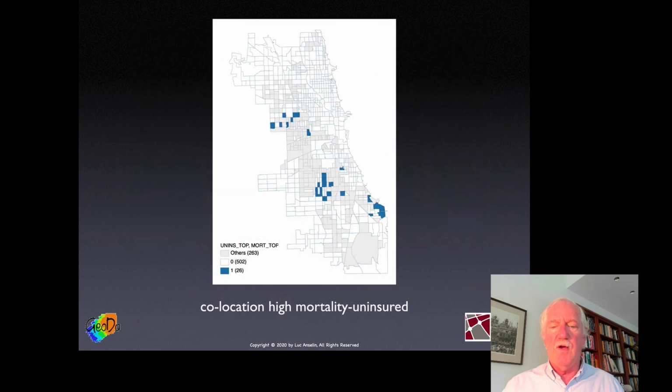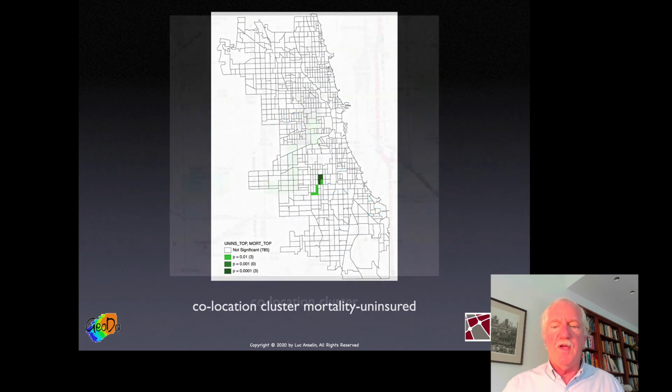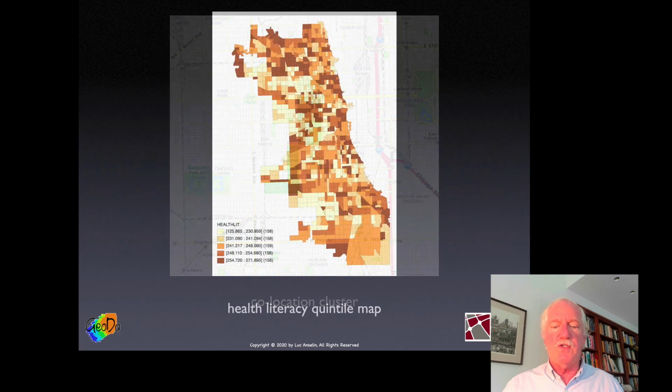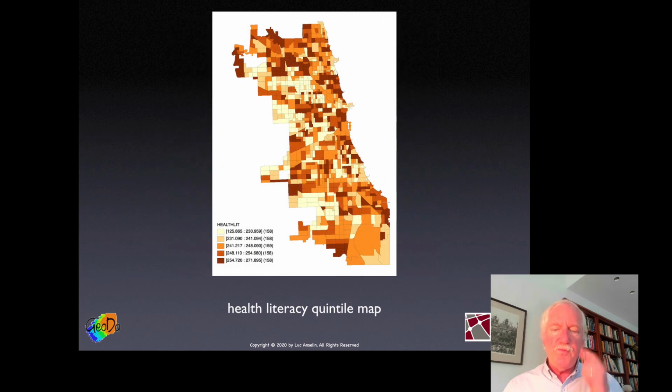So then the final example is the negative spatial autocorrelation. And here I bring up yet another map with health information, health literacy. So dark is high literacy of health, and light is low literacy of health.